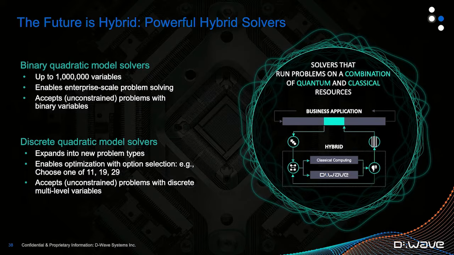The binary quadratic model solver was the first hybrid solver that we introduced. It can work on problems with up to 1 million binary variables. And the discrete quadratic model solver was our second addition to the hybrid solver service. It was also our first expansion into new problem domains. This solver can work with discrete variables.